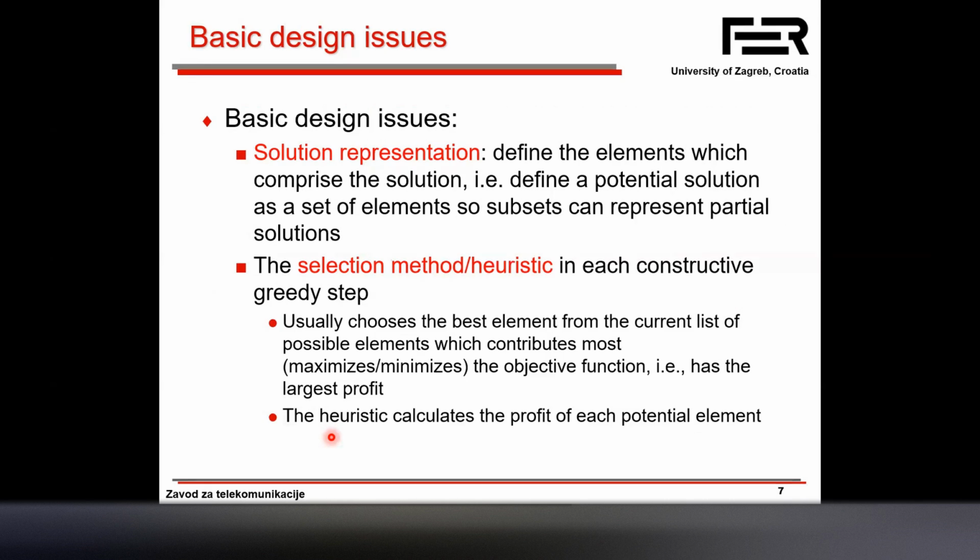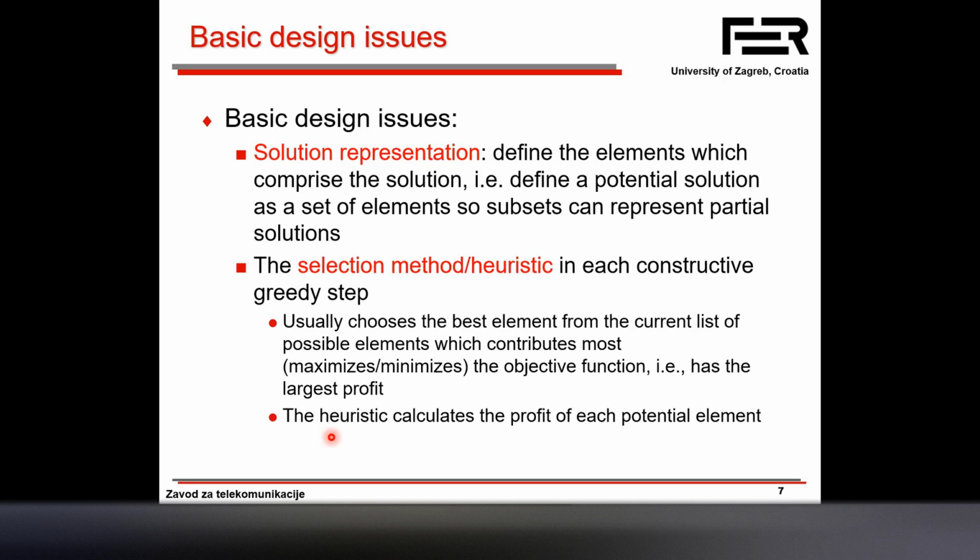So what are some basic design issues? First of all, the solution representation is a key thing. The solution representation, and we'll talk about that also in the next lecture, states how we're going to define the elements which comprise the solution. So is this, for example, a binary vector? Is this a permutation vector? Is this a vector of real values?